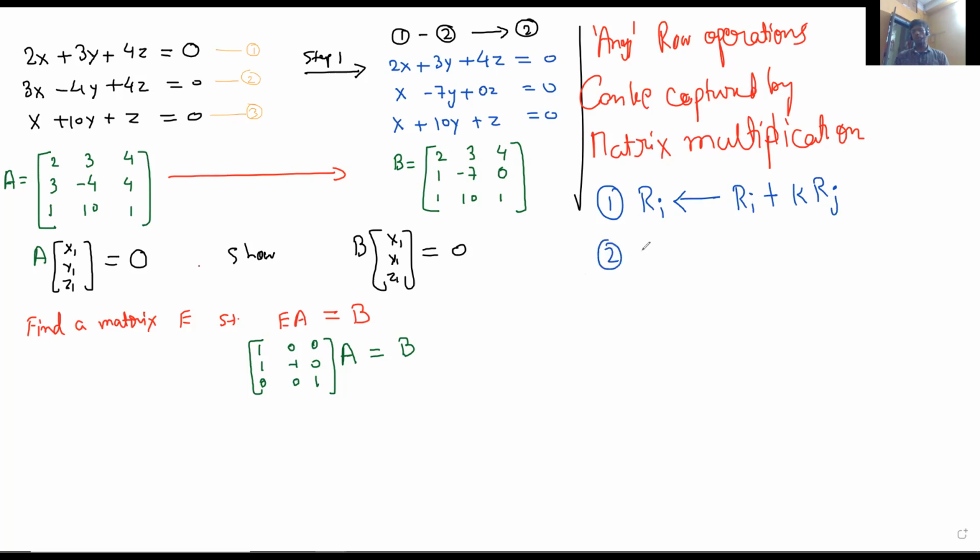What is the next one? The next one is to just multiply the row itself. This is there, and these two are different the way I've stated. And what's the third one? Permute the rows. I will just say swapping rows, so switch Ri and Rj.